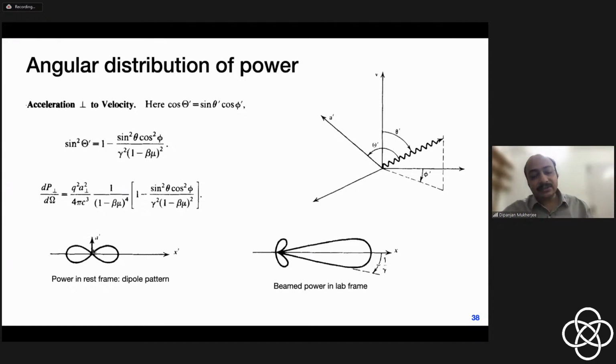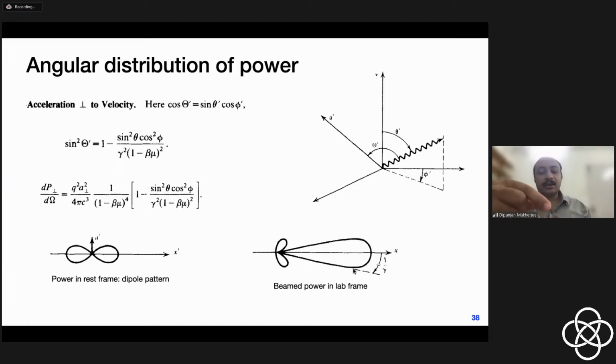The acceleration vector is perpendicular to the motion of the particle, which can happen, for example, if the particles are gyrating. In that case, the acceleration vector is perpendicular to the tangent of the velocity vector. Then this dipole pattern is again mapped in the forward direction into a small angle over here. And these are extremely important because this is the pattern that we will find is relevant for synchrotron emission.